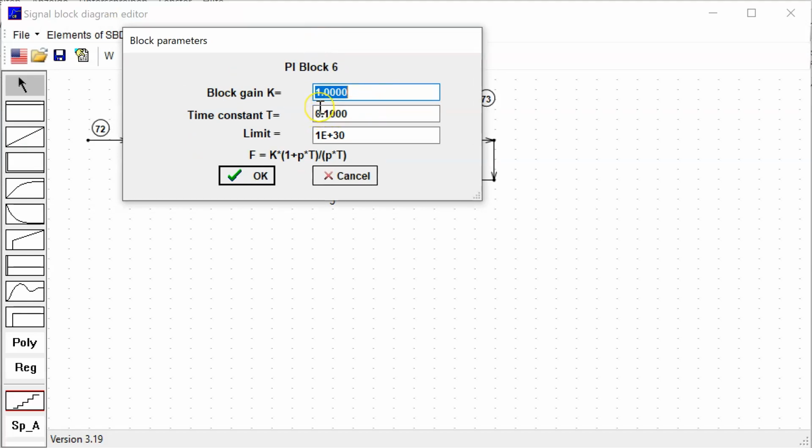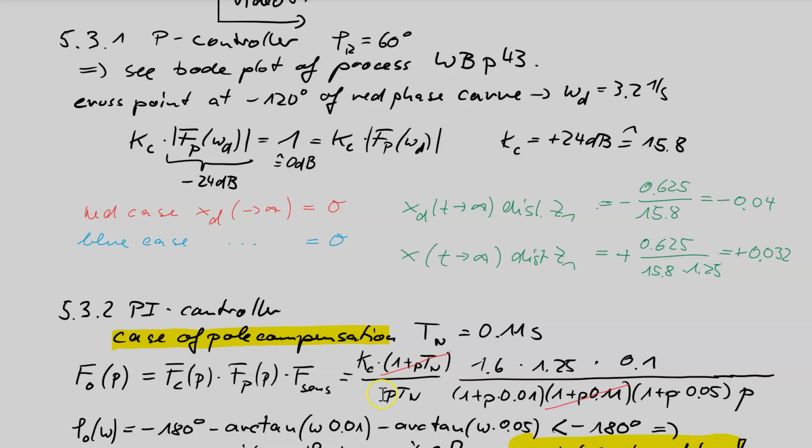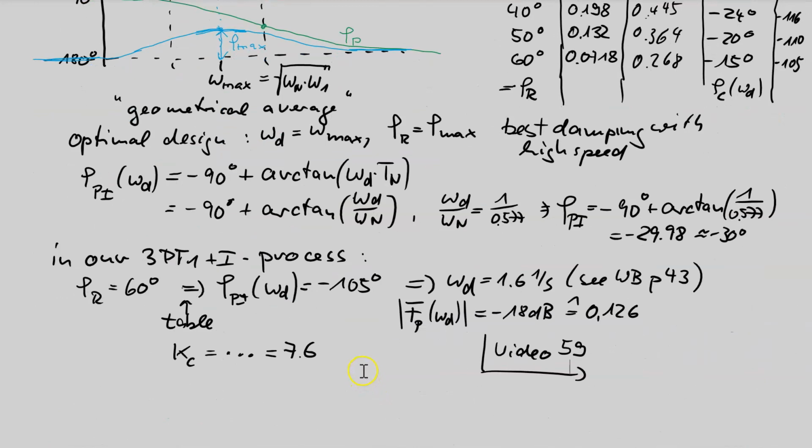The time constant is not calculated yet, so I have to look at my reference list. The Tn value is not known, but with the omega d value, with this equation, I can very quickly calculate the Tn value. So let's do this job.